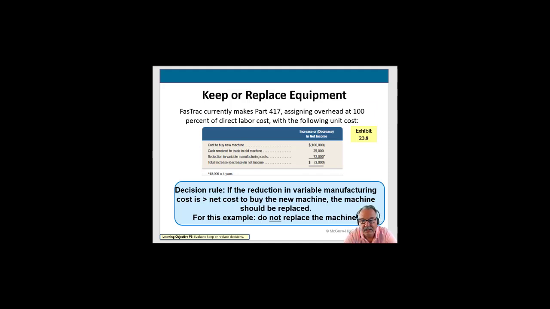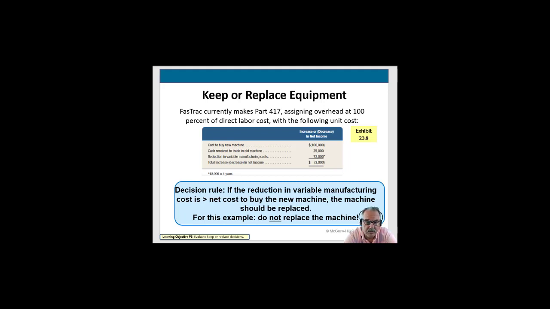Keep or replace a piece of equipment. Sometimes equipment is obsolete, or it can be fixed, but new equipment is more efficient. Maybe we have expenses that are going to go down, like electricity, because we get a more efficient piece of equipment. Well, this is an analysis to keep the existing piece of equipment.